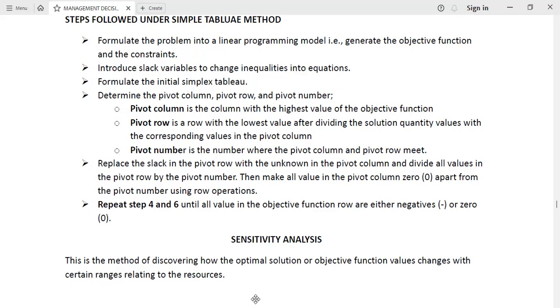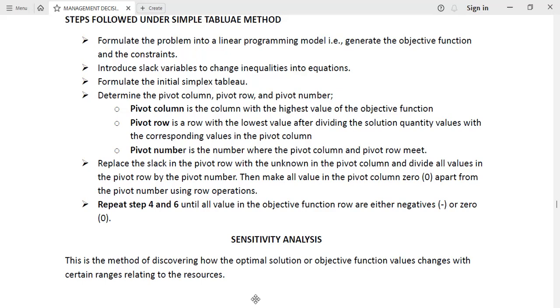Then our fifth step, we replace the slack in the pivot row with the unknown in the pivot column, and we divide all values in the pivot row by the pivot number.